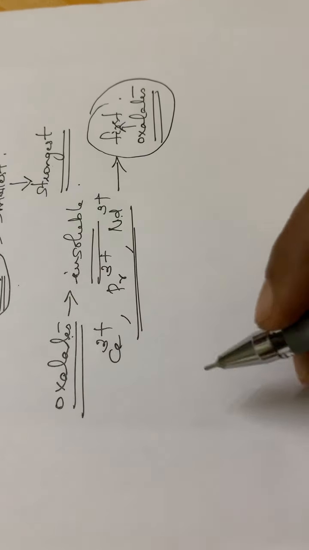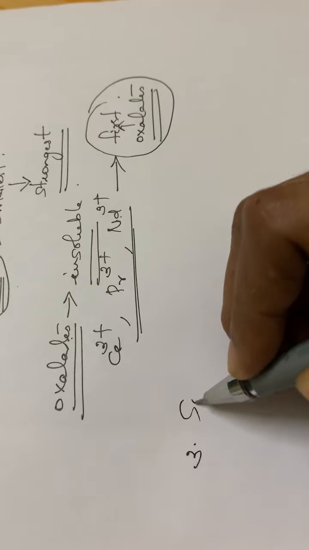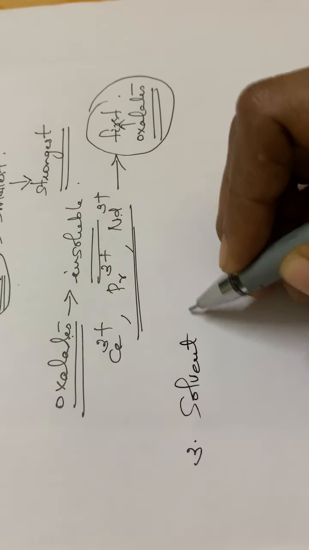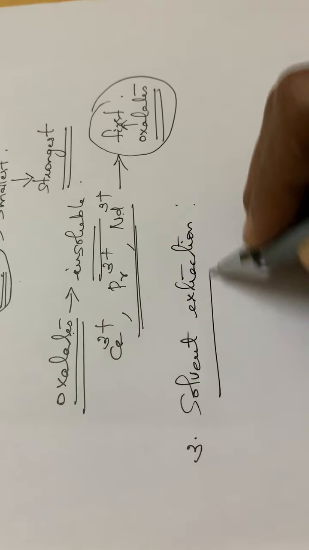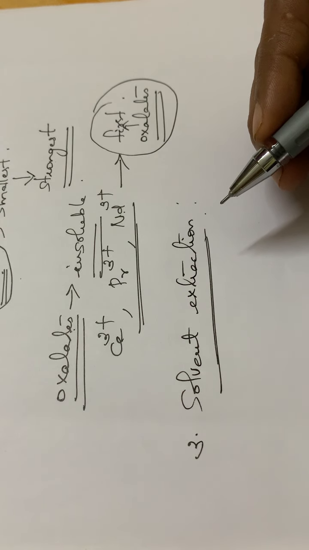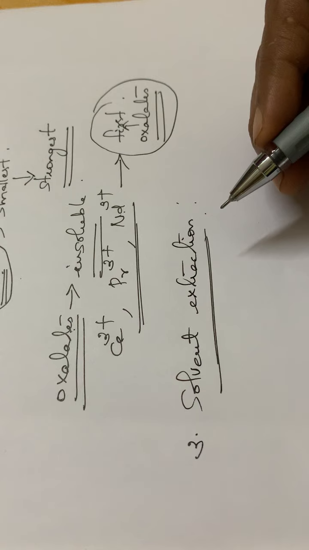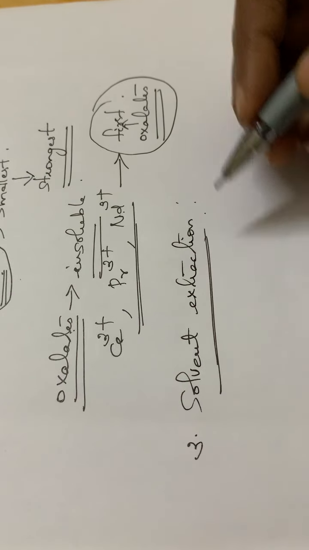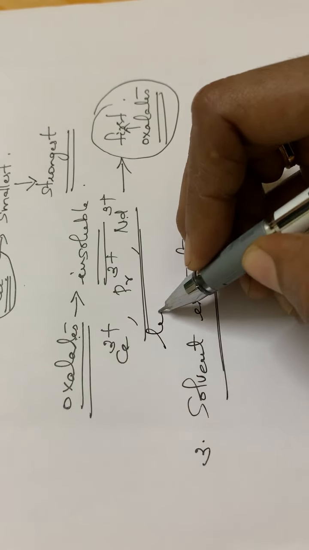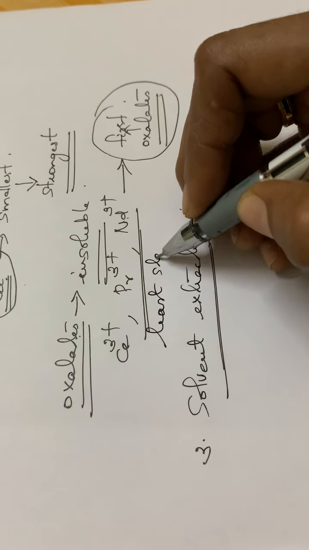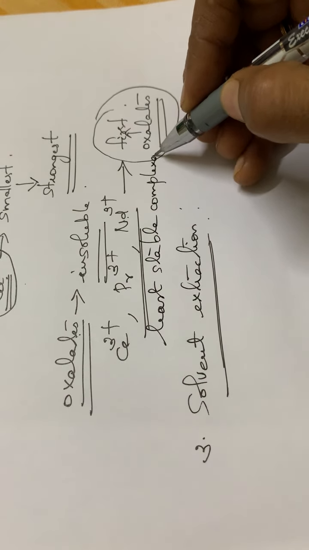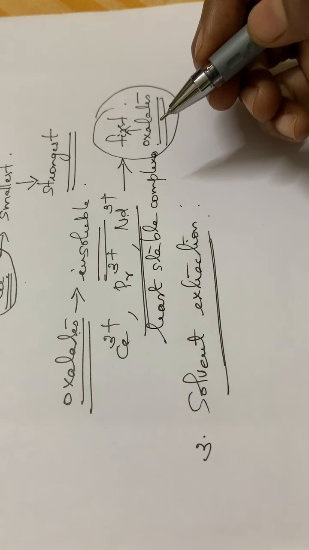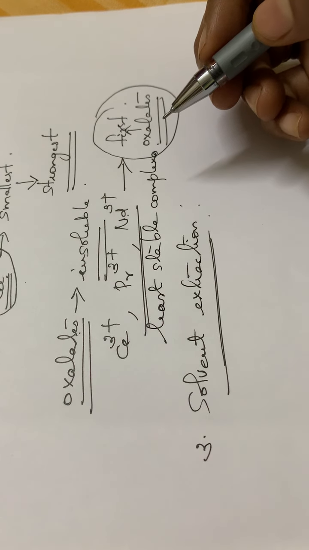Then the next method, that is solvent extraction. Here one more point is that cerium, promethium, neodymium are the least stable complexes.